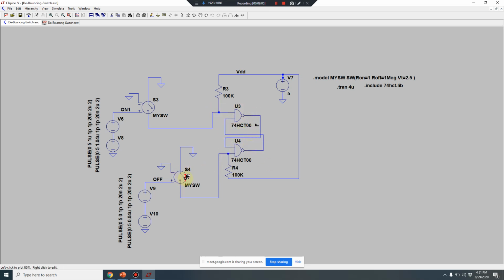Even if this switch is open, the moment you open it, it will become 1 here, because VDD power supply is available here. But the 0 from here will ensure that it continues to remain 0, and since there is a 0 out here, this will remain 1 here. So this 1 and 1 ensure that this continues to remain 0.